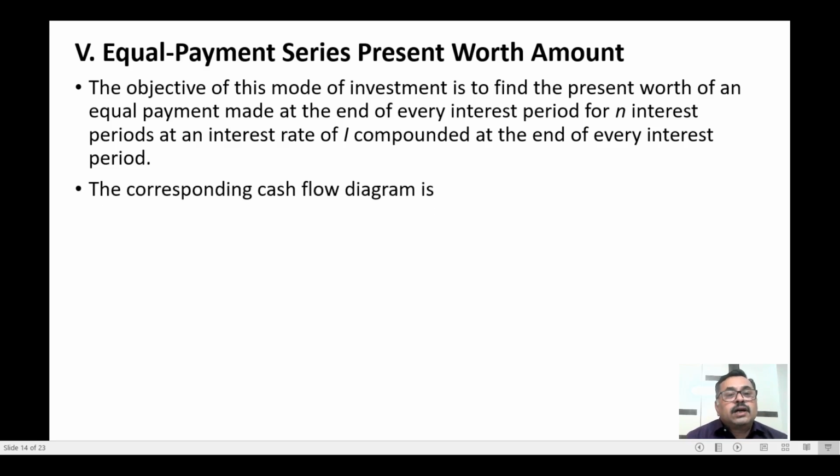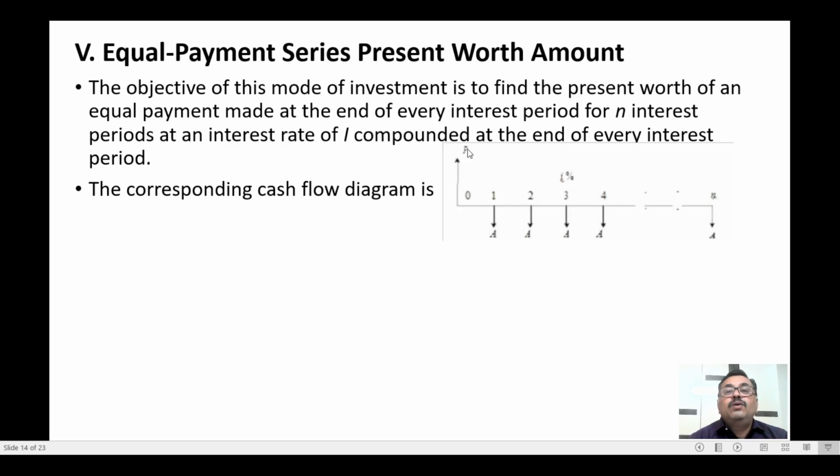The corresponding cash flow diagram is as below. That means you have to calculate the present worth P by knowing the A, that is how much every year, by knowing the I, by knowing the N. Interest rate and the time period we also know.